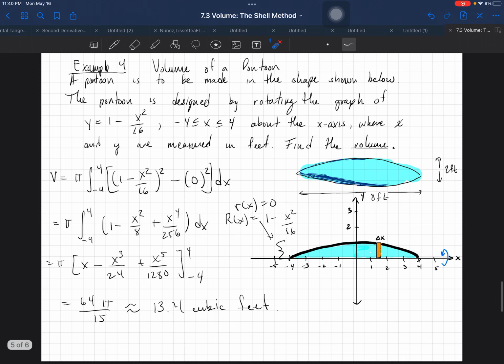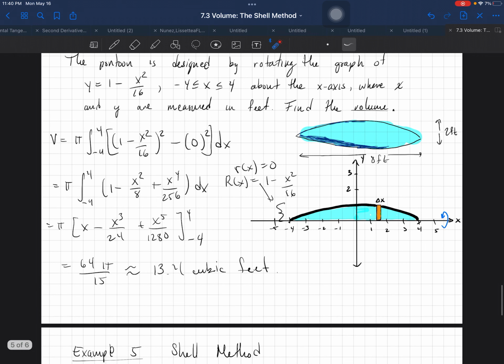So obviously here this method was the best option, and we executed this by expanding this binomial that gave us this expression. This was 0, so we ignored it. We took the integral of this, which gave us x minus x cubed over 24 plus x to the fifth over 1280 from negative 4 to 4.